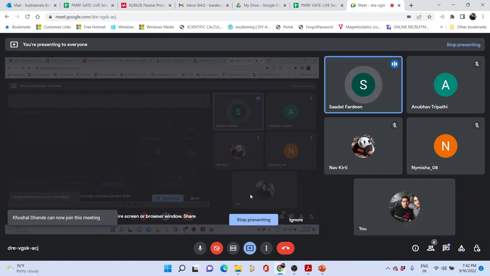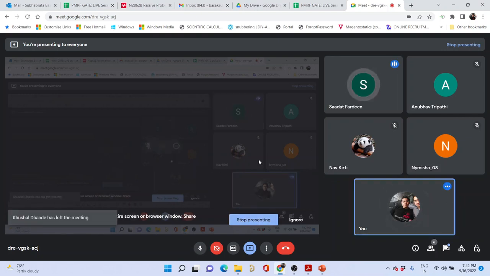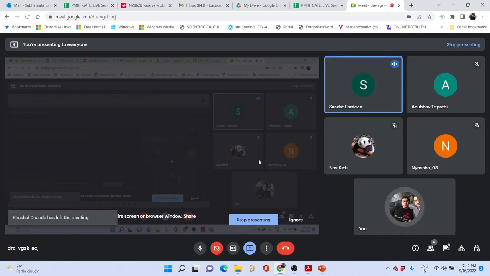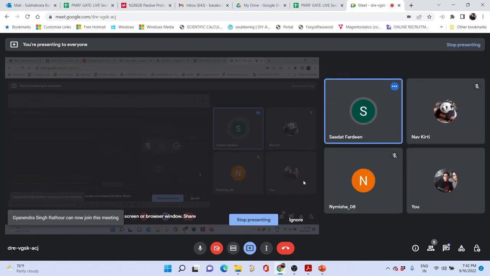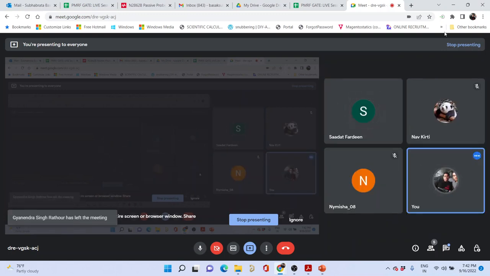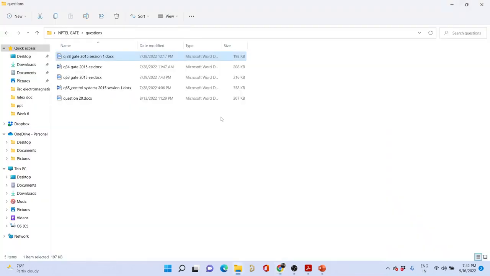I have one question. In the last problem, because it is signum of cos of t, won't cos of t be its domain?